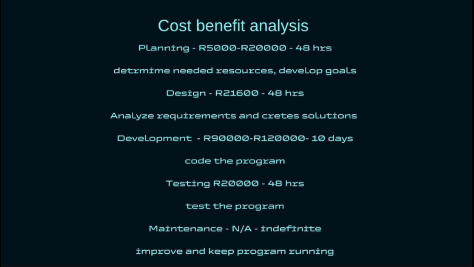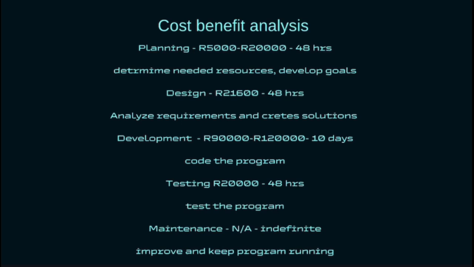The next step would be to actually get into development, and this is where we code the program. We could separate it into three different steps, which is the back end. The back end is typically done by a back-end developer, and if we don't have a proprietary developer, we will have to outsource this work.